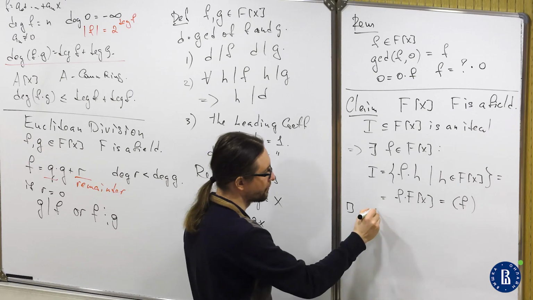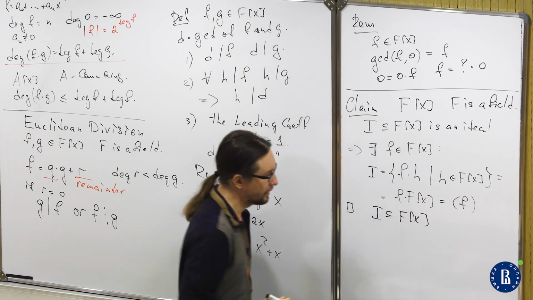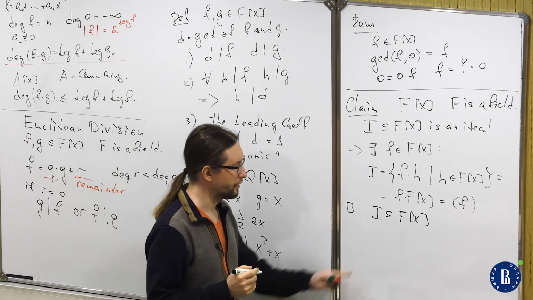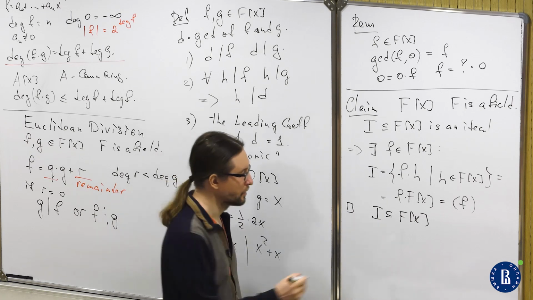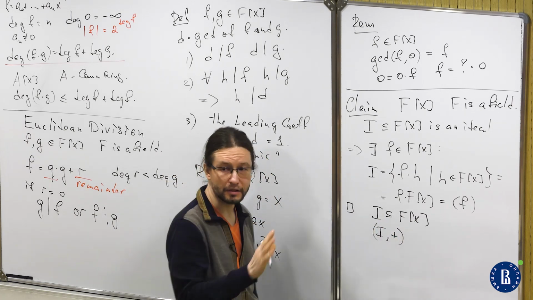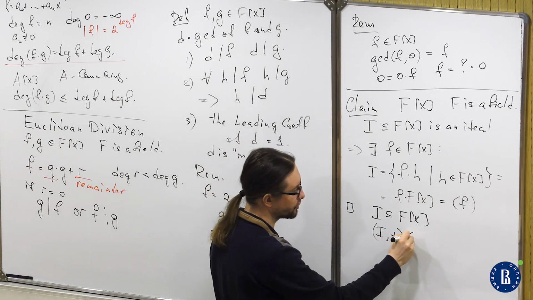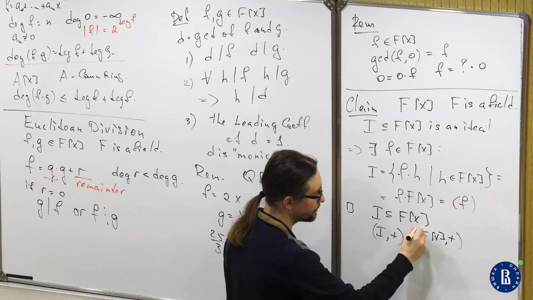Let me recall. An ideal is a subset with the following properties. The subset must be an additive subgroup. So if we forget multiplication, then this subset with respect to addition must be a subgroup in the ring with the addition.